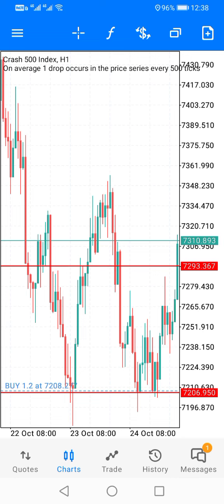From here, I just want to show you something. When it came over here, it broke this structure, it went up, and then it tested this order block, and then it went back down.